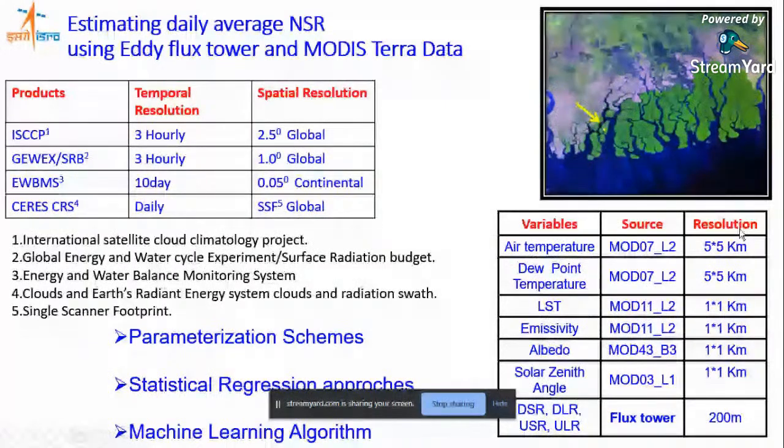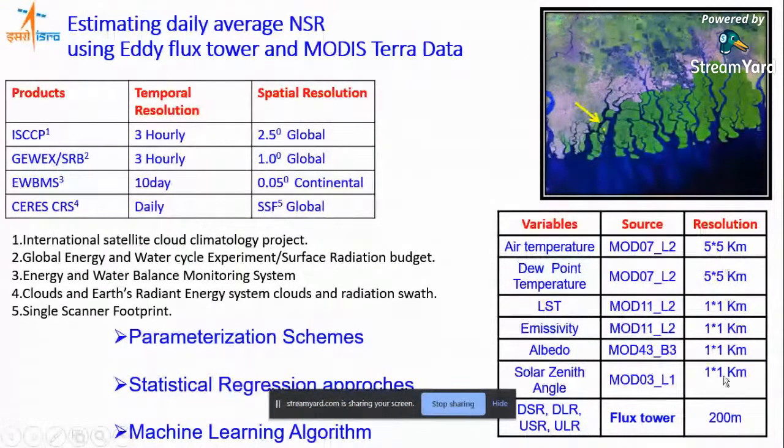For example, air temperature from the MODIS product, which is available at 5 km by 5 km resolution, and dew point temperature from the same product, also at 5 km by 5 km, and land surface temperature from the MODIS sensor, from MOD11, available at 1 kilometer by 1 kilometer, and emissivity from the same product, and albedo from a different MODIS product, MCD43, and solar zenith angle from the MOD03 product, which are all available at these resolutions.